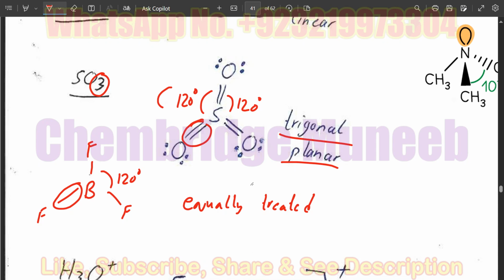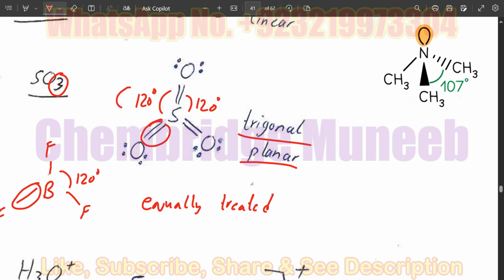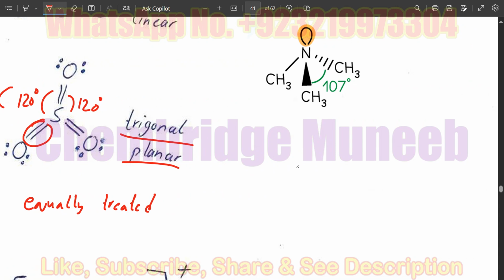Even if there is a triple bond between the 2 atoms, and I consider a hypothetical molecule, let's suppose X bonded with Y, Y and Y over here, and I take triple covalent bonds between them, this will still give me trigonal planar. That's what I'm saying.